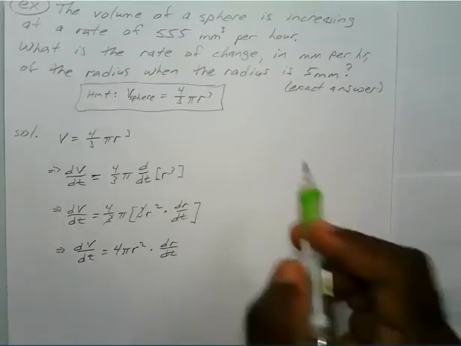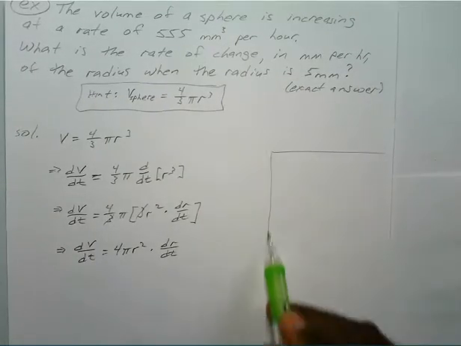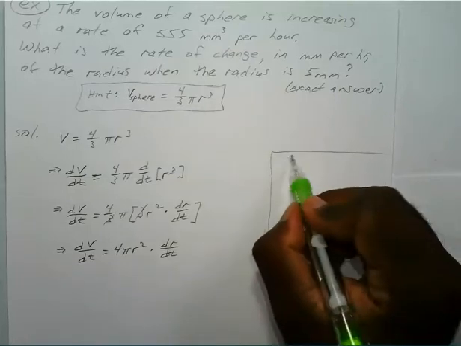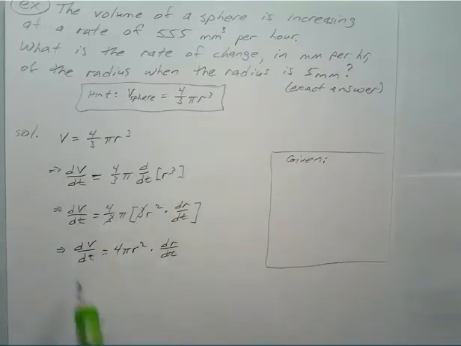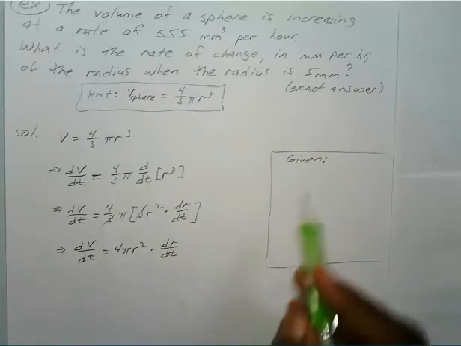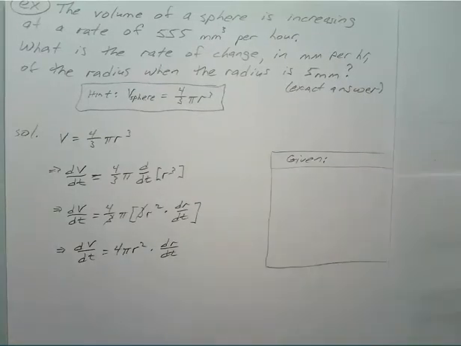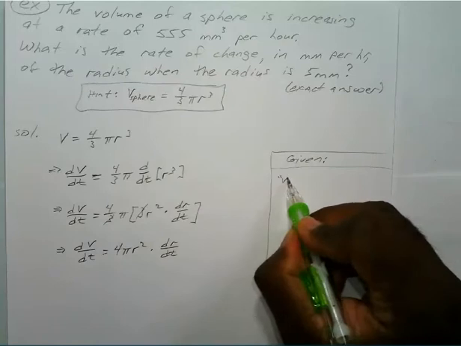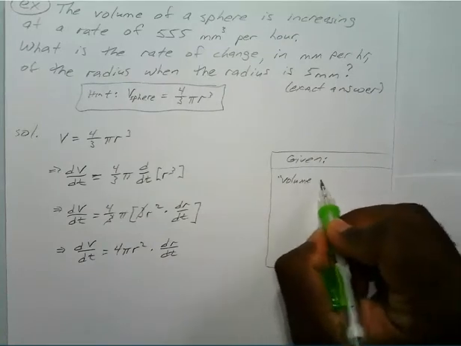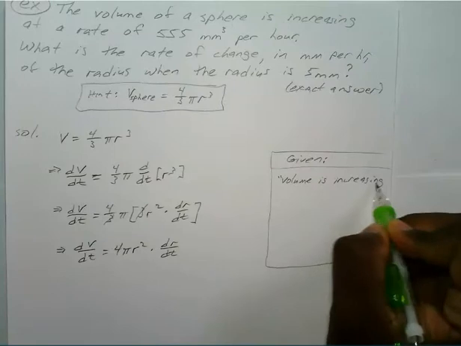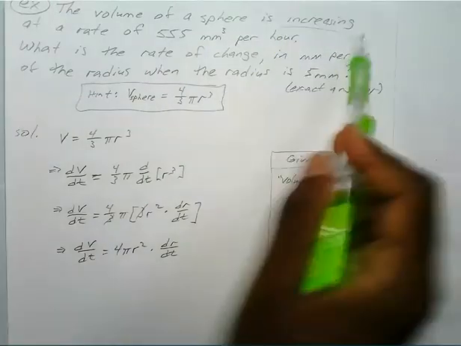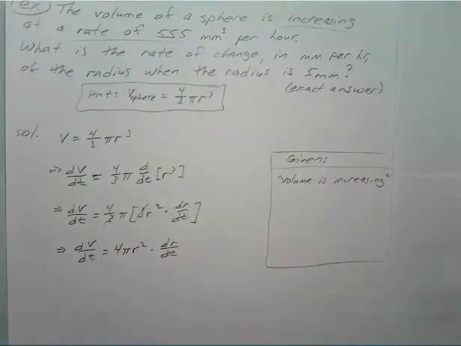All right, so now we look at our givens, or maybe you looked at your givens before you did this. Either way, it doesn't matter as long as you have them figured out. So here, volume is increasing at a rate of 555.